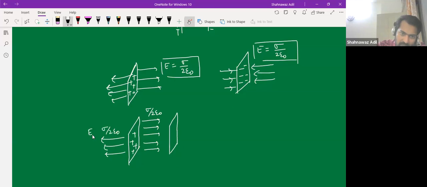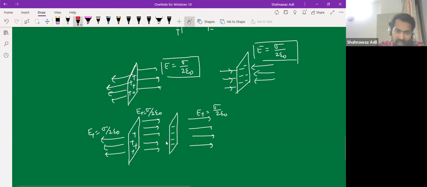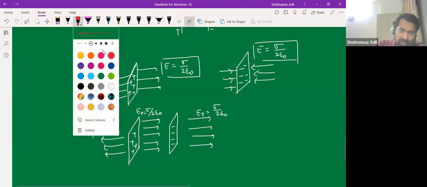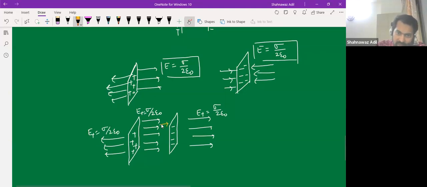So this is E positive, and in this direction also we have E positive, which is sigma by 2 epsilon. Now for the case of the negative one, the electric field would come towards this plate. So what would be the direction? This is E negative coming towards this plate, and in this region, it is also coming towards this plate.